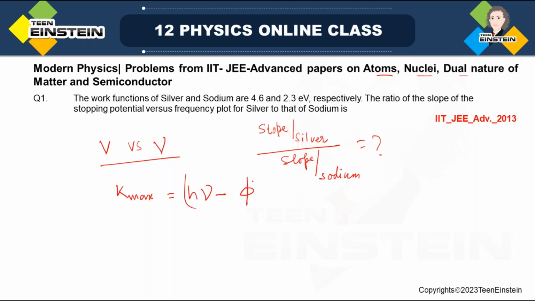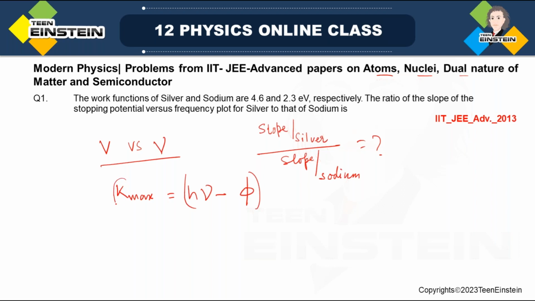So the excess energy of the incident photon will provide the kinetic energy to the photoelectrons. Okay, so this is the equation.